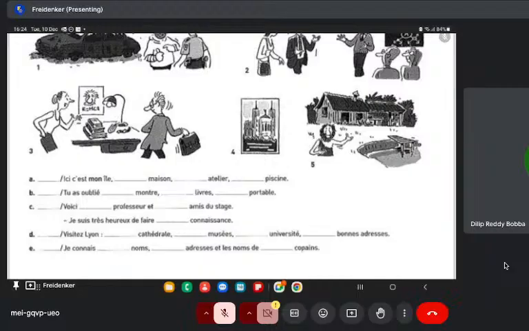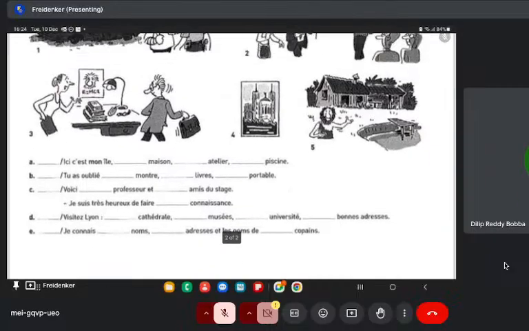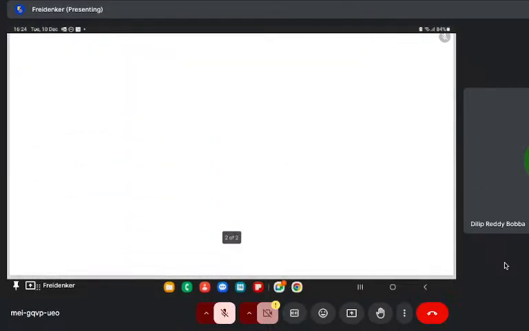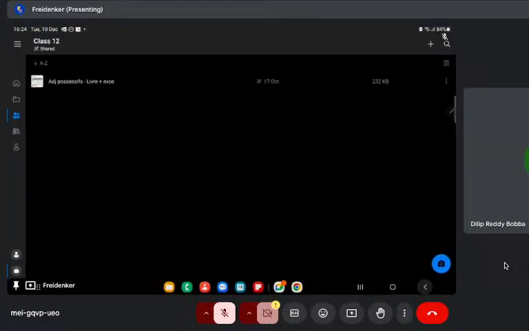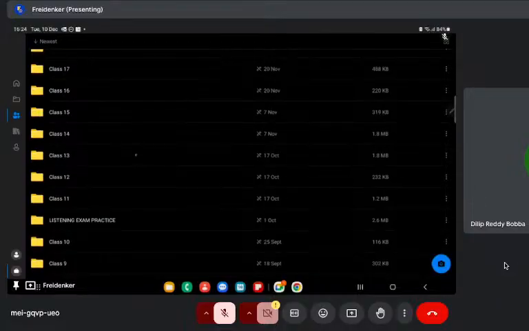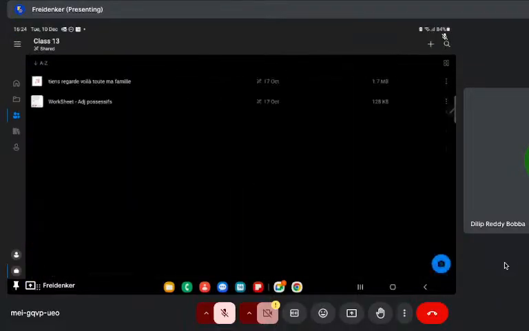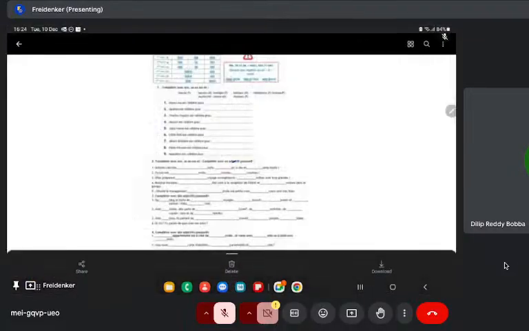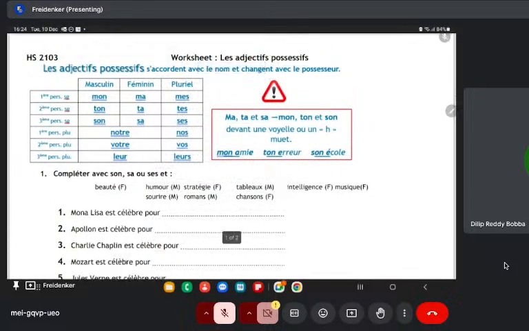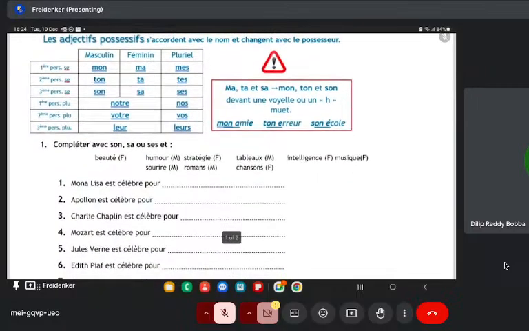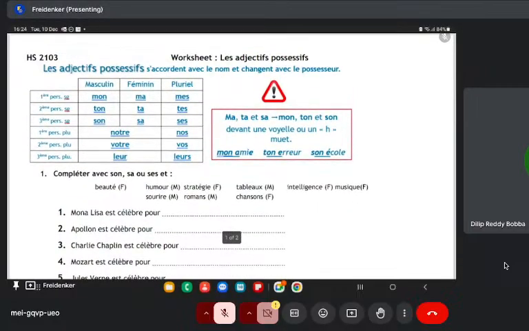No, okay, but there is some other worksheet that deals with possessive adjectives. So I'll go ahead and share the solutions for that, because we are anyways going to do the Endsem worksheet. Okay, this is the worksheet, Mona Lisa. Yes. So I have the solutions to this worksheet. I will upload them. So you have the table here, the same table.